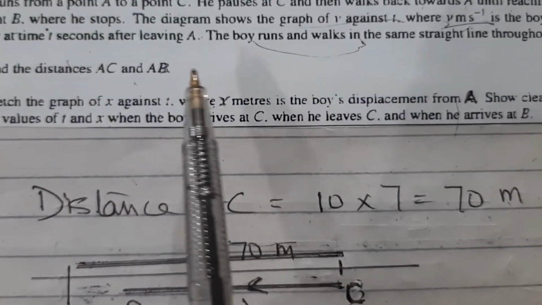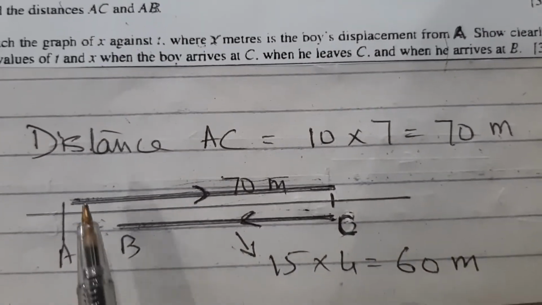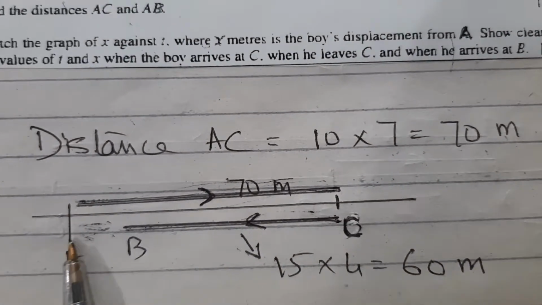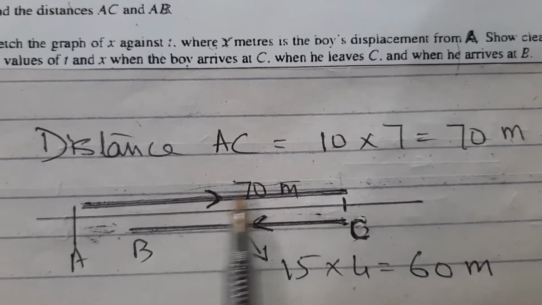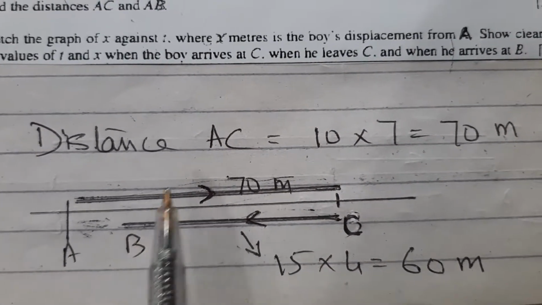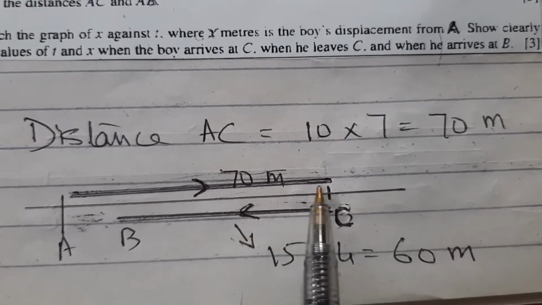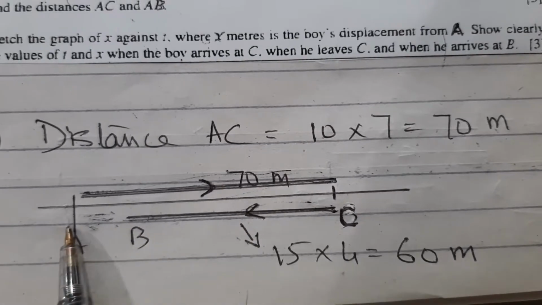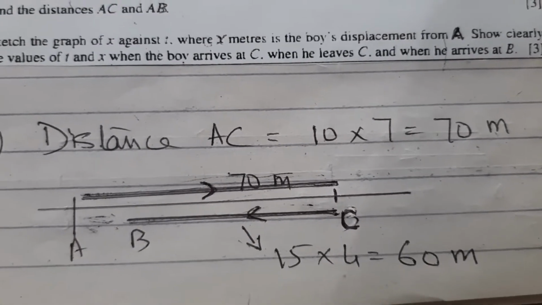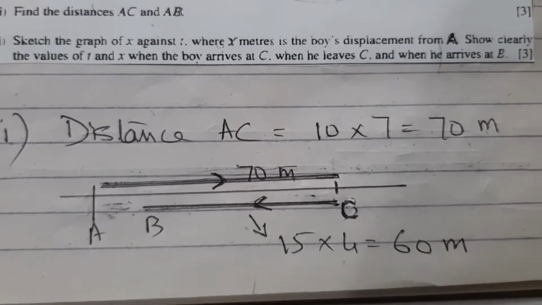Now the question is saying what is the distance between AC and AB. So this is AC and this is AB. So AC is 70 meter and AB is what? Yes, 70 minus 60. Because this is 70 and this is 60, and the question is asking the distance from A to B. So it is 10 meter, right?